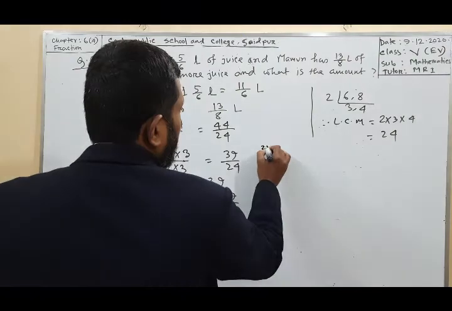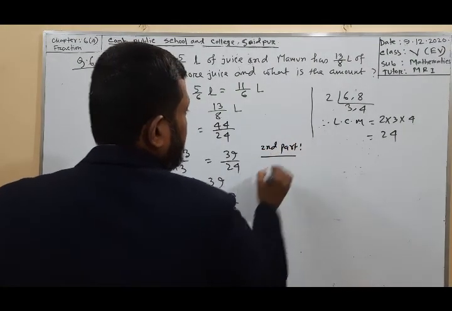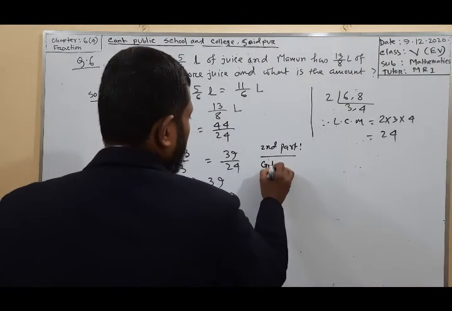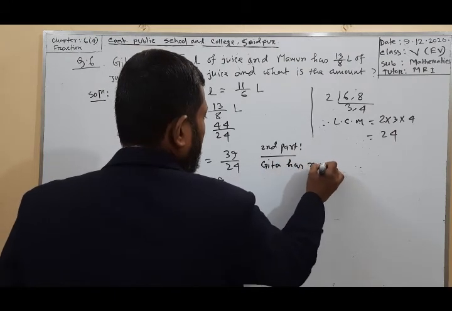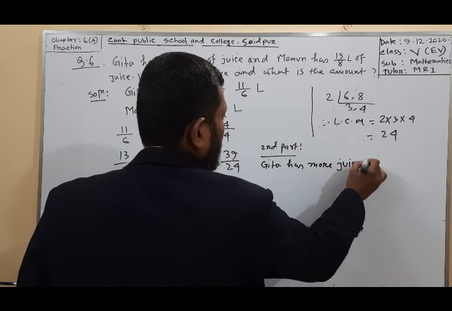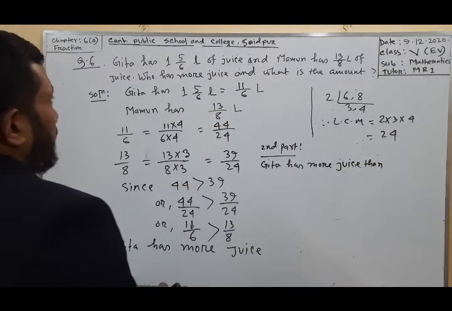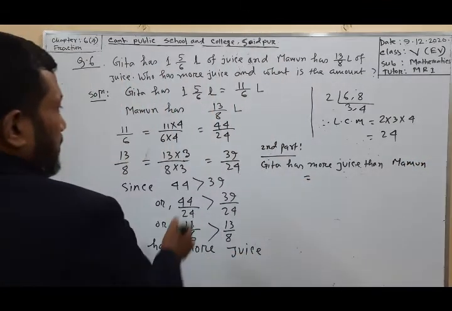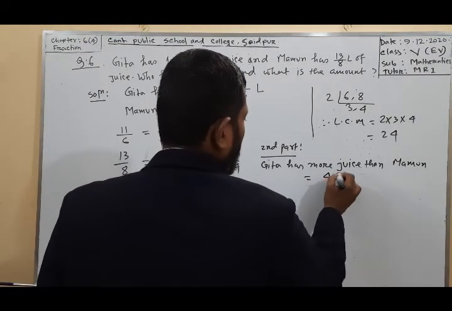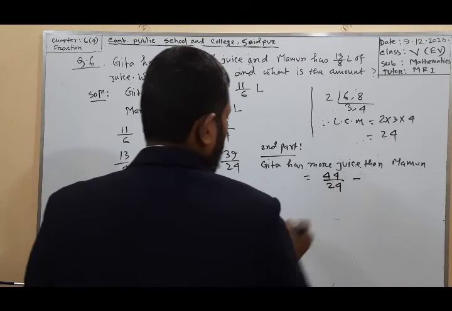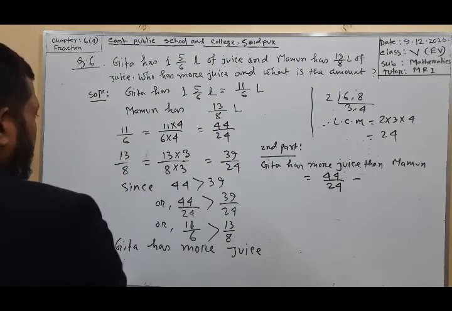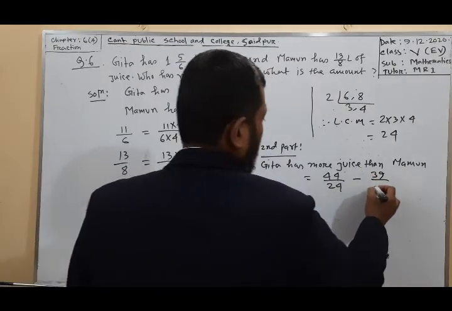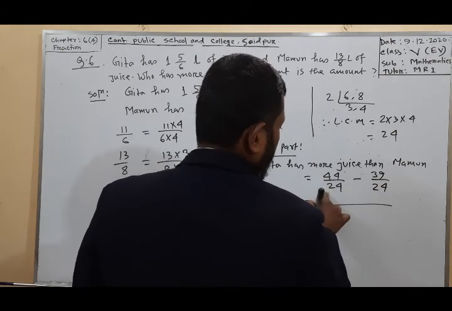Second part: what is the amount? Geeta has more juice than Mamun. 44 by 24 is the equivalent fraction of 11 by 6, and 39 by 24, where 24 is the LCM.